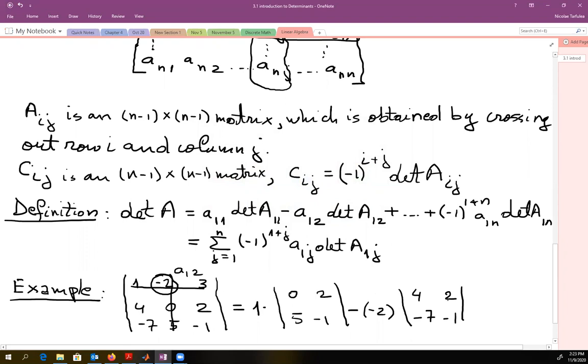And finally, plus 3, so this element here, which is A13, multiplied by the determinant of the matrix obtained by crossing out the first row and the last column. I'm going to erase this.